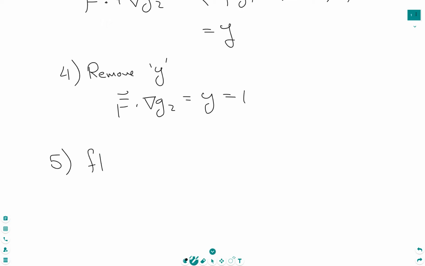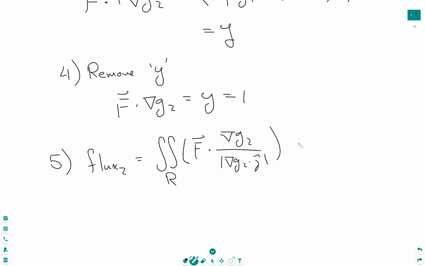So the flux for the second surface is therefore the area integral over the projection of f dotted with the positive version of grad g2 dA.